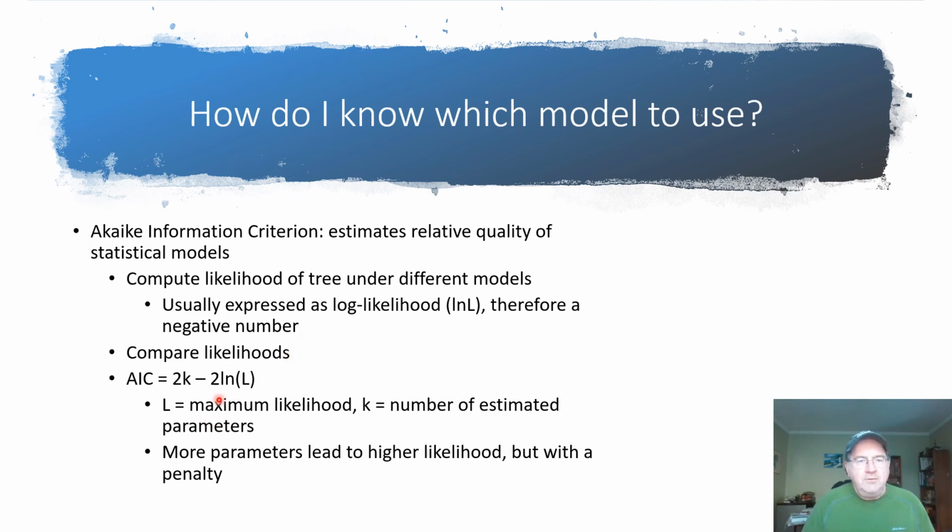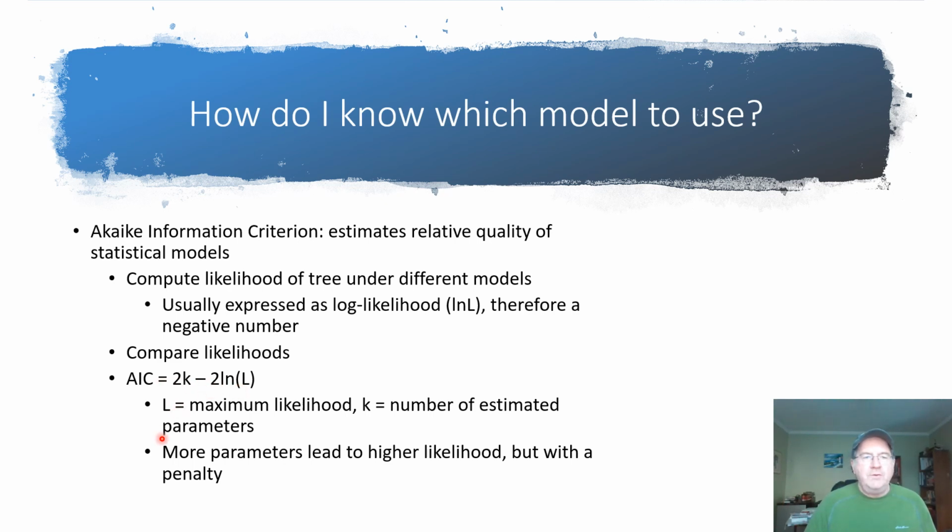So 2 times the number of estimated parameters minus 2 times the log likelihood. Basically what this is telling you, let's say that we've done the general time reversible model. This value here is 24 minus 2 times the log likelihood.